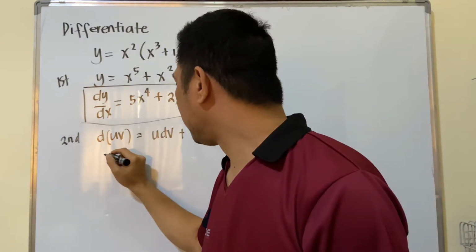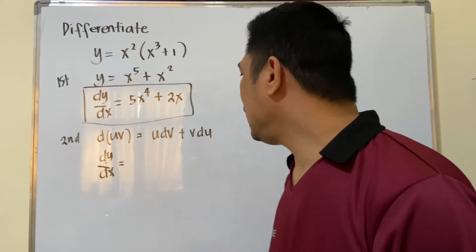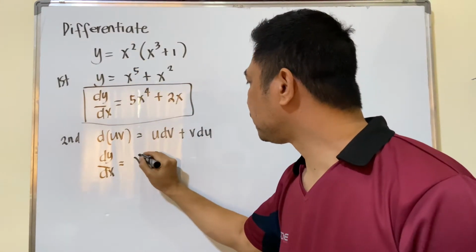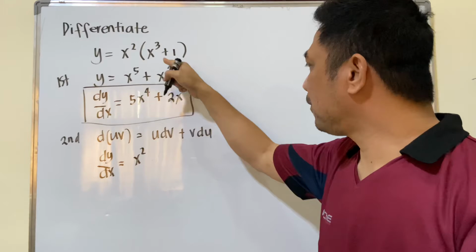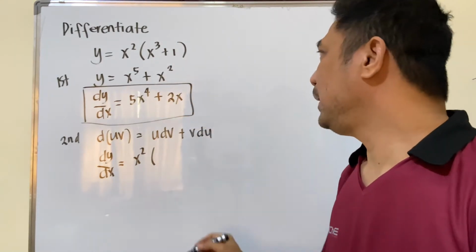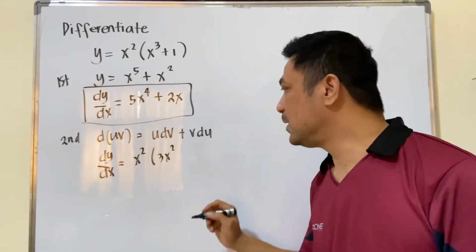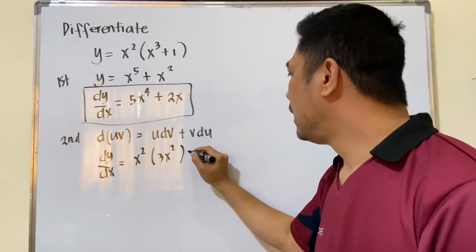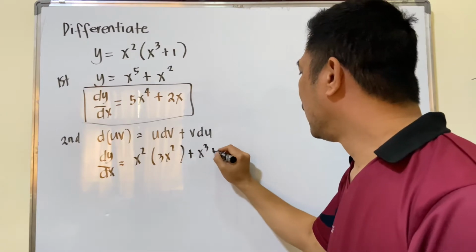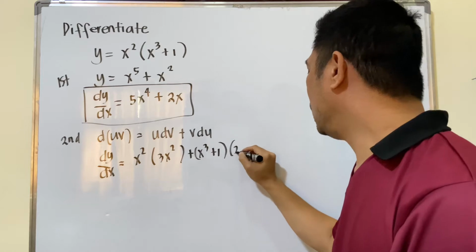So let's try. dy over dx is equal to, you just copy your u, which is x squared, and then the differential of your v, x cubed plus 1, which will be 3x squared. The differential of a constant is always 0, so plus 0, plus v, copy your v, x cubed plus 1, and then the differential of your x squared, that is 2x.